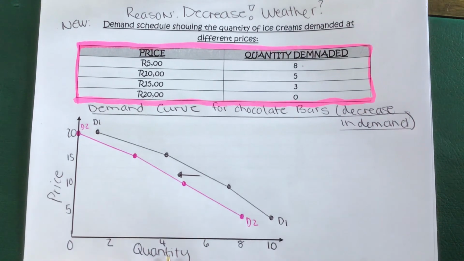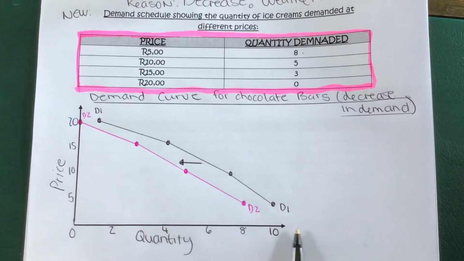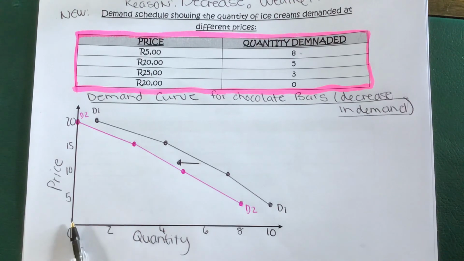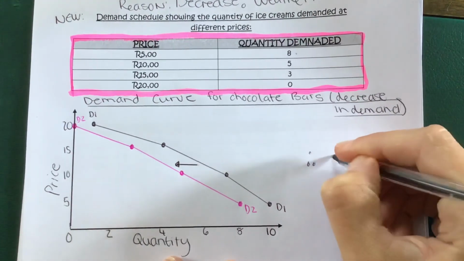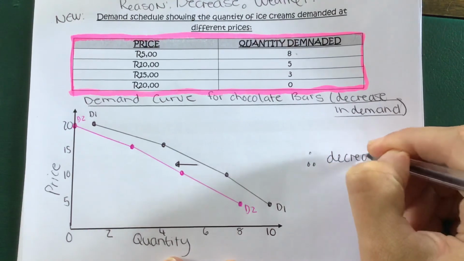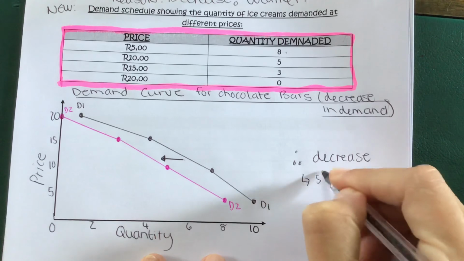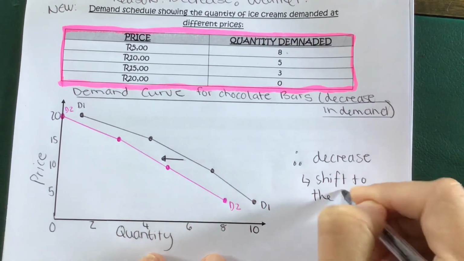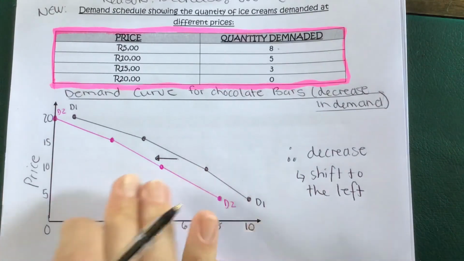When we move to the left, what happens to the quantity demanded? It has decreased. Therefore, whenever there is a decrease in demand, there will be a shift to the left, which makes sense because they're buying less.